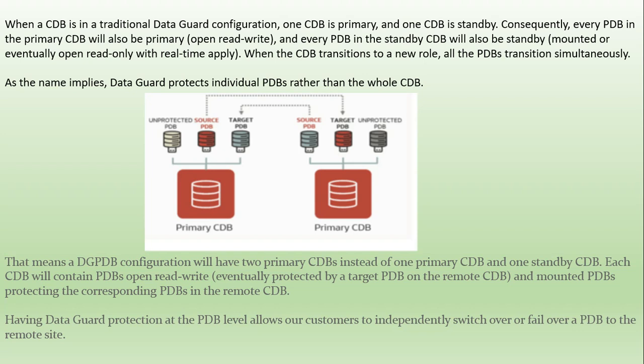Each CDB will contain PDBs open read-write, protected by a target PDB on the remote CDB, and mounted PDBs protecting the corresponding PDB in the remote CDB. Having data guard protection at the PDB level allows our customers to independently switch over or fail over a PDB to the remote side.